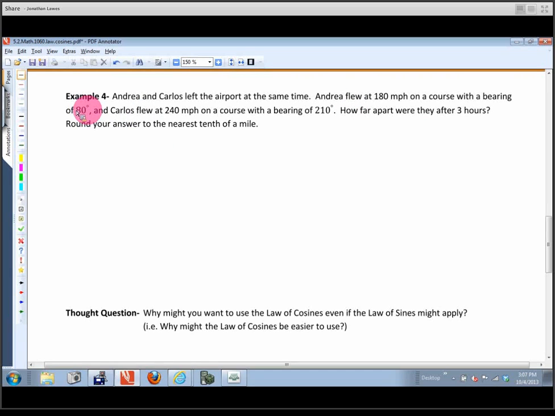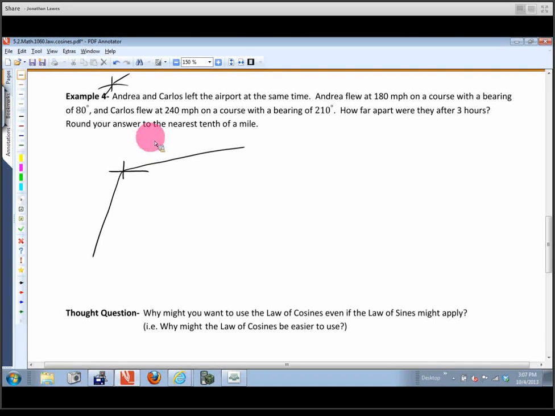A bearing of 80 is slightly northeast, and then a bearing of 210, 90, 180, 210, is slightly southwest. So let's have the airport be about right here, heading off in this direction and heading off in this direction. And let's figure out how long those sides are.